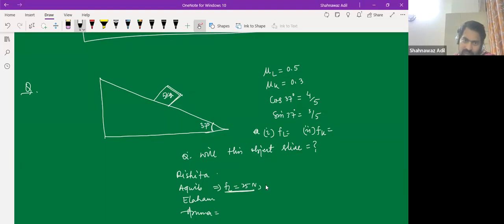The normal reaction is not like this. It is perpendicular to this, right? This is the normal reaction. And you said FK is 50. Remember the free body diagram of an inclined plane.